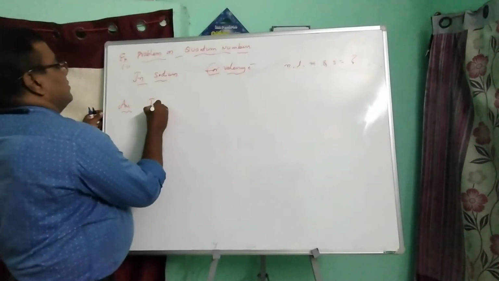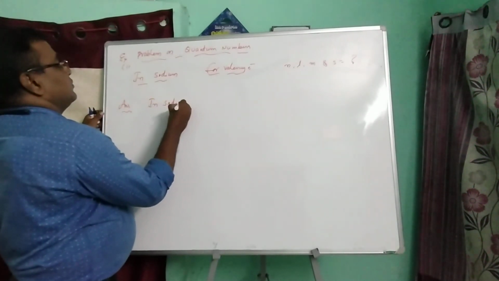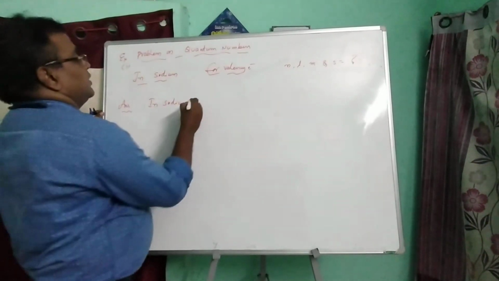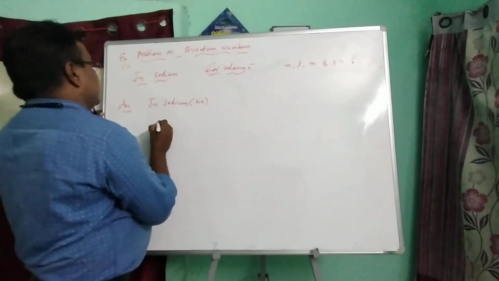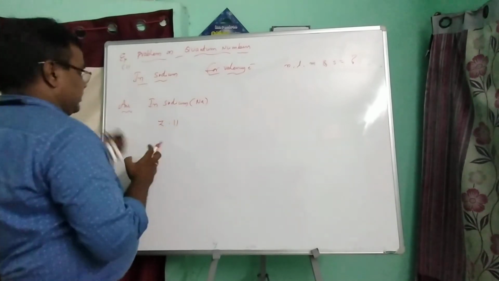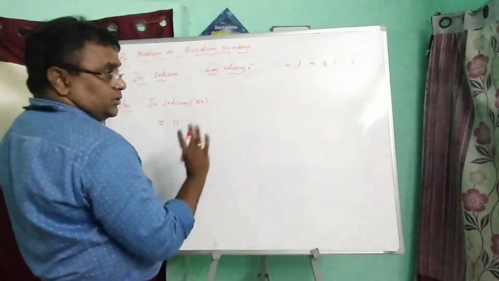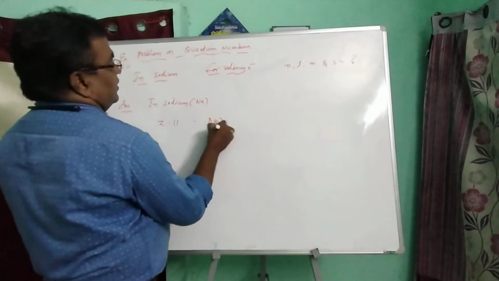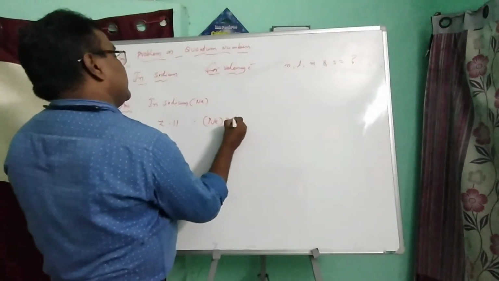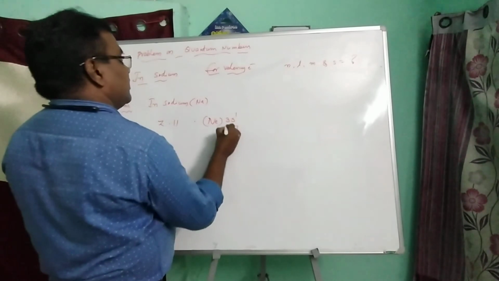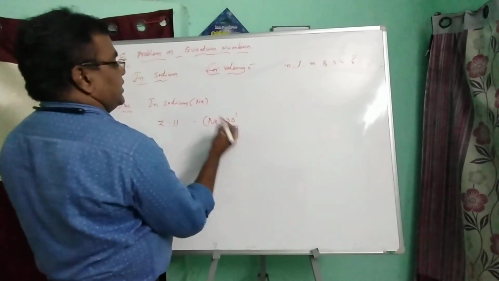So the answer is: in sodium, symbol is Na, atomic number Z is equal to 11. Therefore the electronic configuration is 1s2, 2s2, 2p6, that is neon, then 3s1. So this is the valence shell, valence electron.